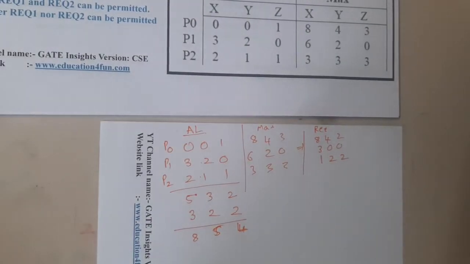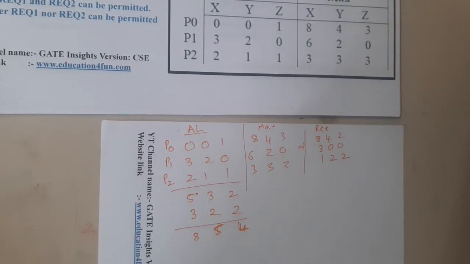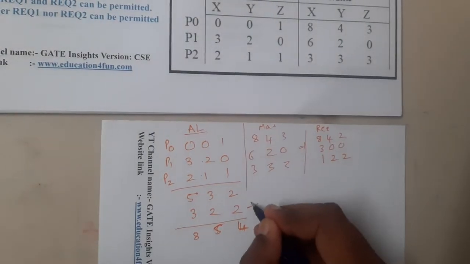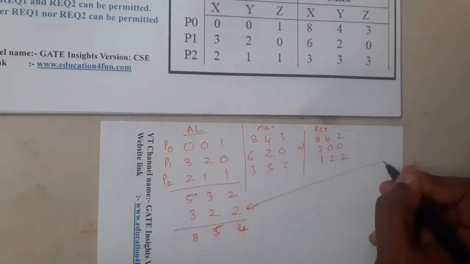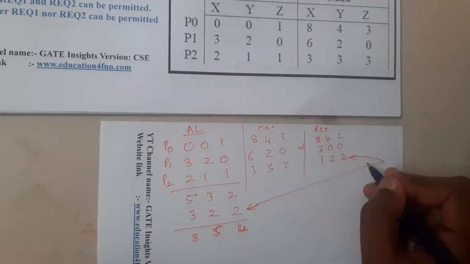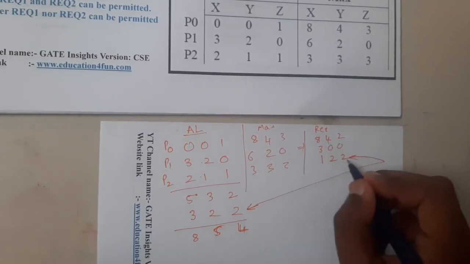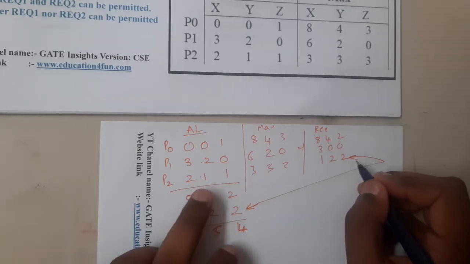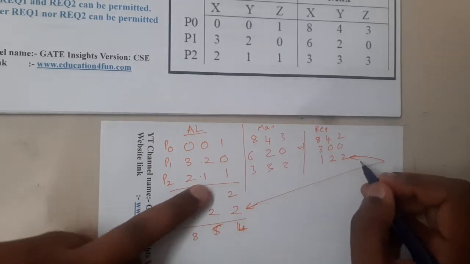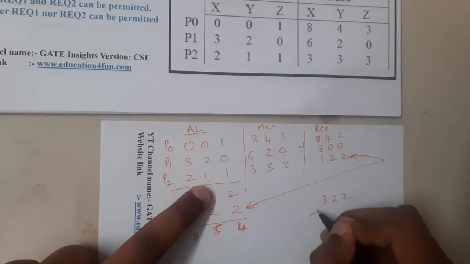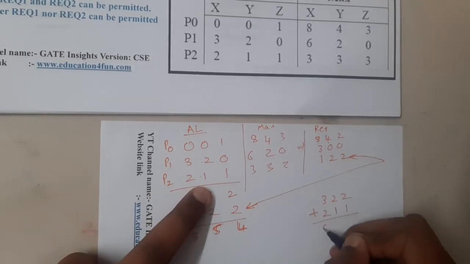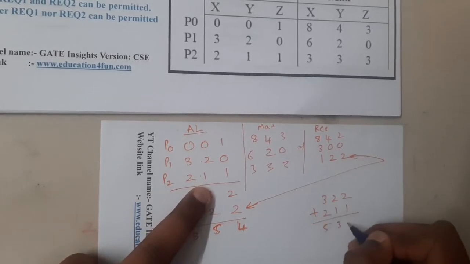As per my understanding, we have these resources free, so I can give a chance to this particular process to execute. Once that execution is done, it is going to release its resources. So I add 3, 2, 2 to 2, 1, 1 and end up with 5, 3, 3.